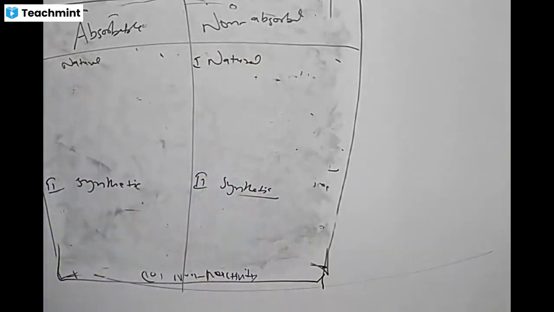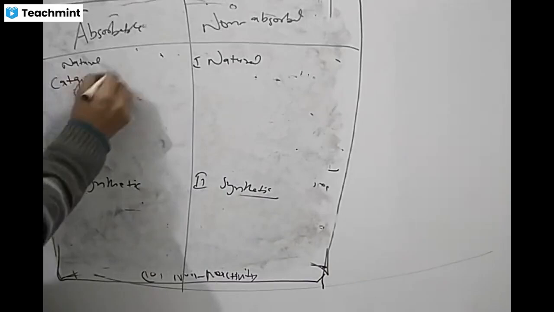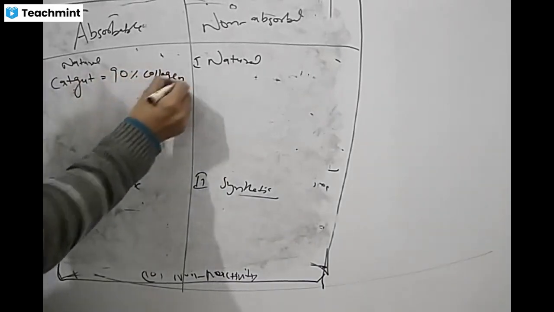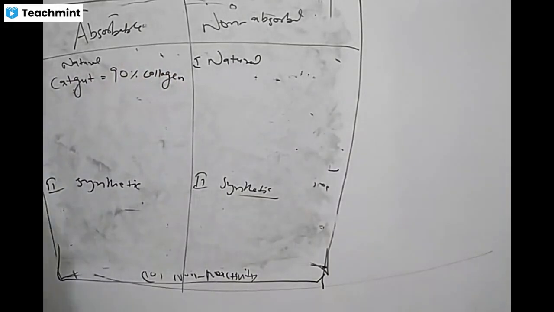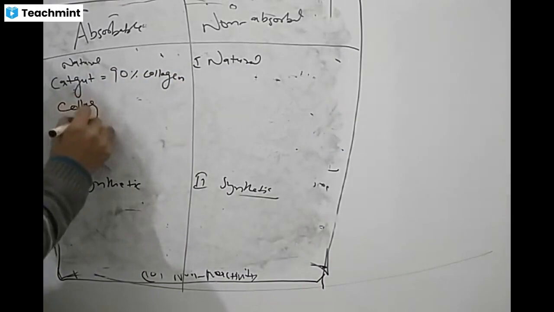So what are the natural fibers? First is your catgut. Catgut is nothing but 90% collagen. Second is collagen itself.